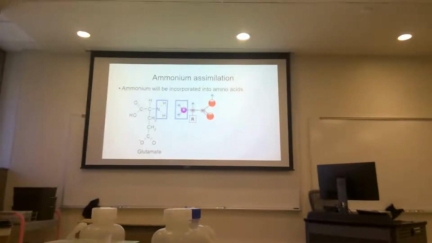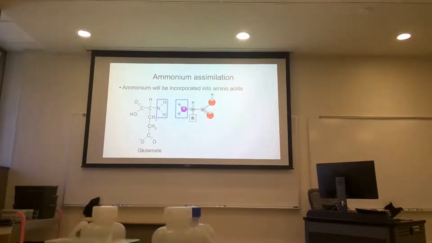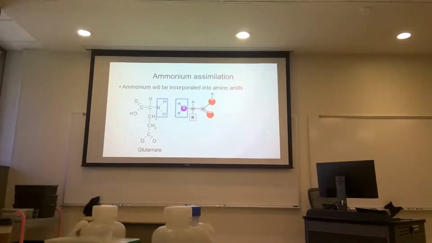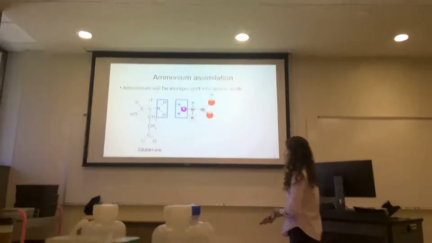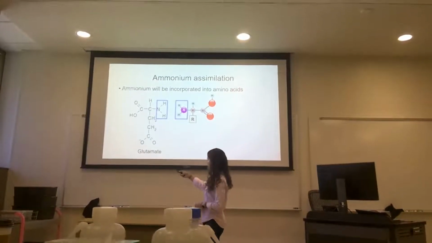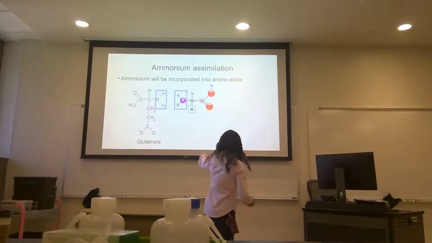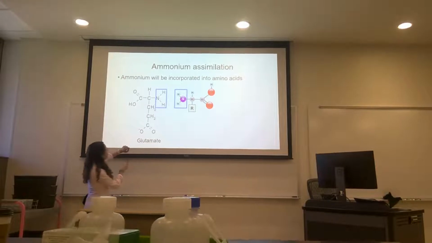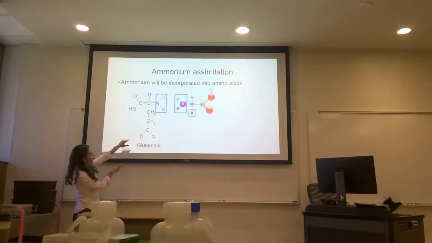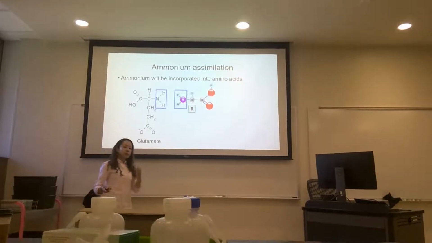So, one of your key molecules, the amino acid that is key, is glutamate. Glutamate is the regular amino acid with an alpha carbon, carboxyl, and amino group. So it's the regular amino acid.